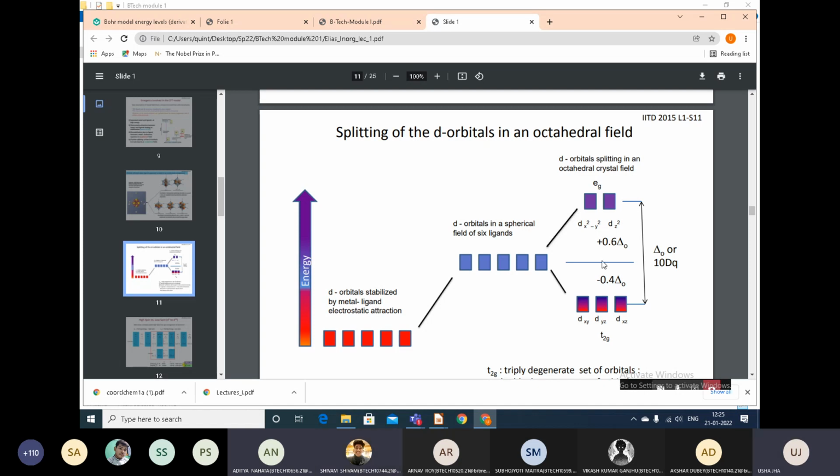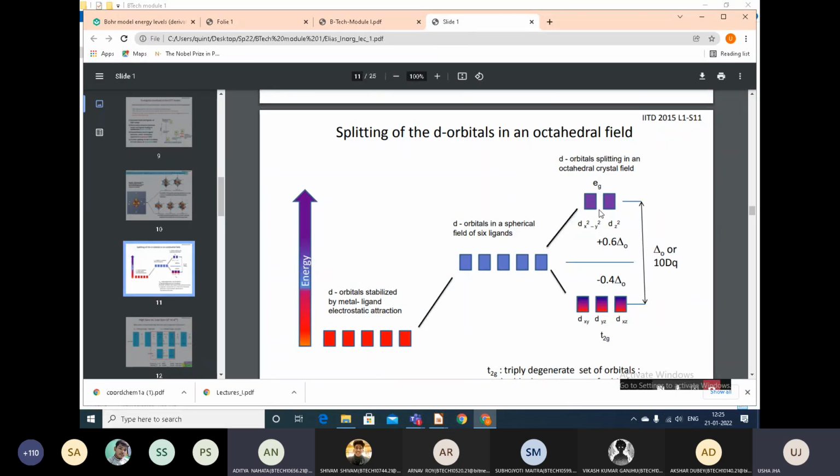So we call this difference in energy between the 2 d levels, and it is given the symbol either delta O, standing for octahedral, or you can call it 10 Dq. It is given as the sum total as 10 Dq, and it follows that the Eg orbitals are 0.6 delta O above the average level, and T2g are minus 0.4.